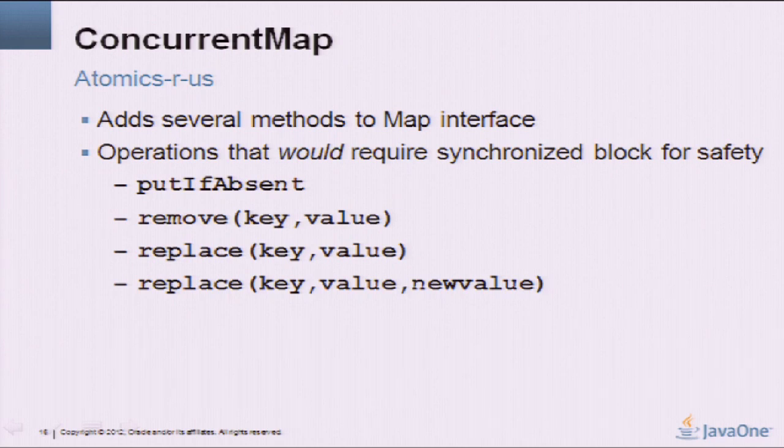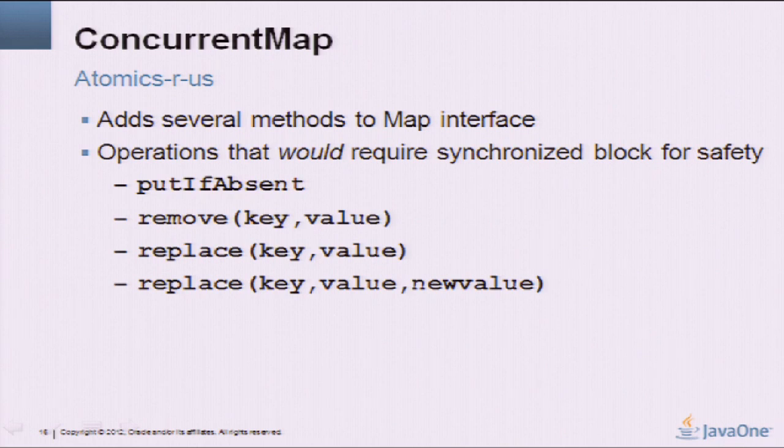And the other ones, like remove a particular key if it has a particular value, are also atomic operations, and the replace operations, where I replace a key only if it has a particular value with a new value. Again, I would require multiple steps to do that operation without this atomic.